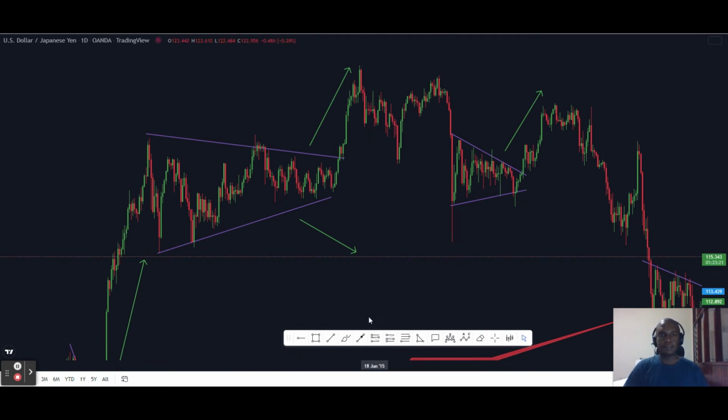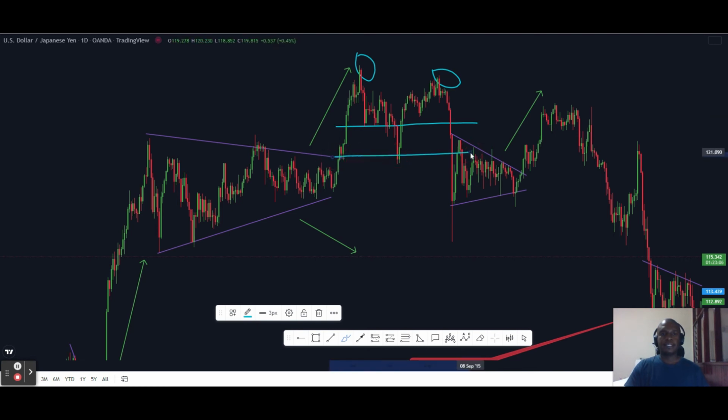Let's use this tool, where we see a top here and another top there, and we can look at this or that as the neckline, and then anticipate maybe a move to the downside to this level, and then let's see, exactly on the money. That's where you will have taken profit.